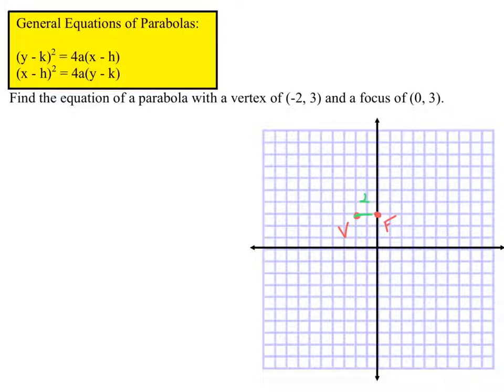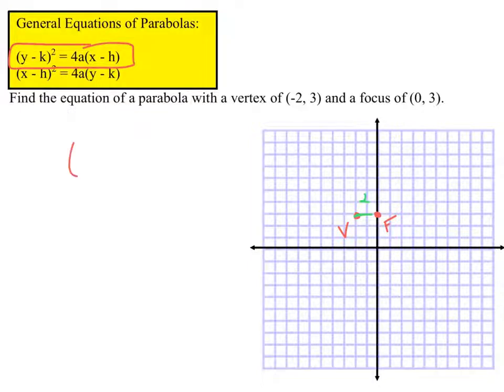It is sideways once again. Okay, it's obviously opening this way, so it's going to be a y squared. Okay, so I'm going to go up to here. Focus on the one that's y squared.